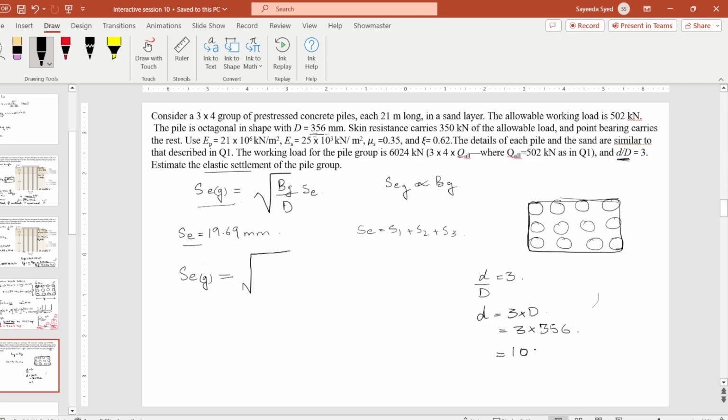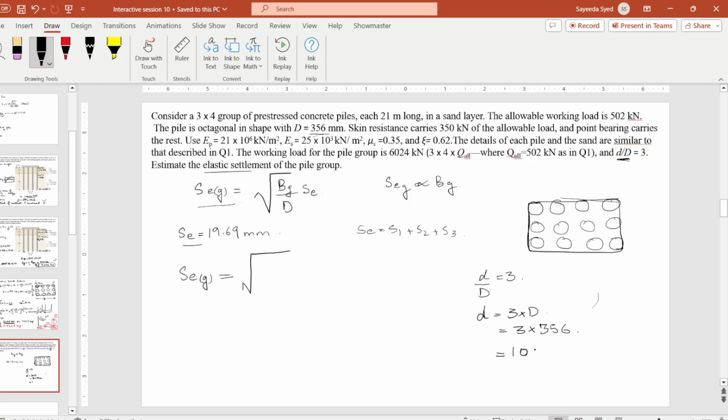And our BG, let's calculate the BG first. This will be 4 minus 1.